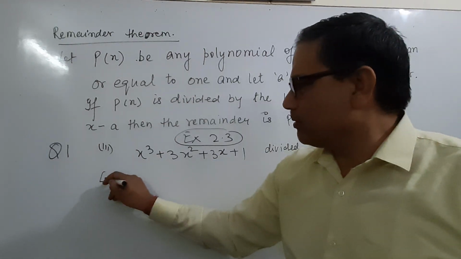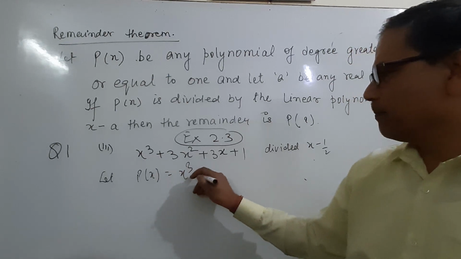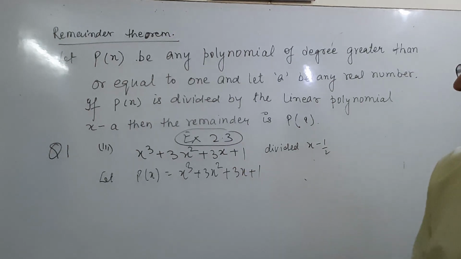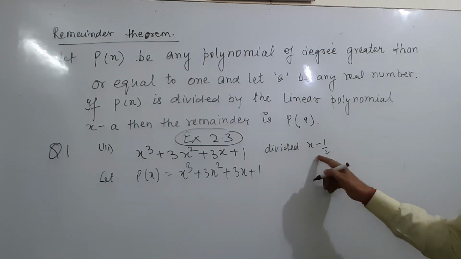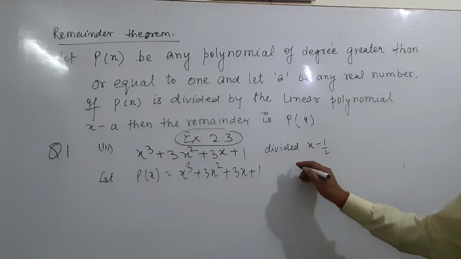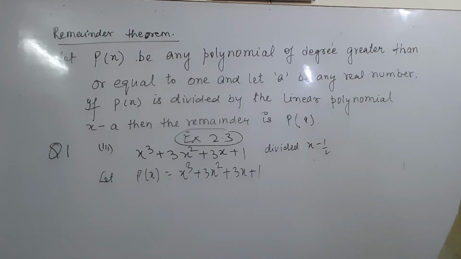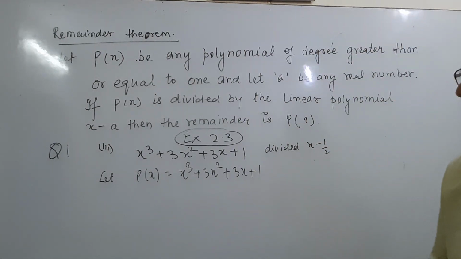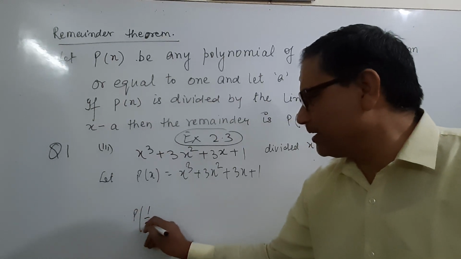Let us assume p(x) is equal to x cube plus 3x square plus 3x plus 1, and we are dividing by g(x). This g(x) is a linear polynomial, x minus 1 by 2. Then the remainder will be p of 1 by 2.